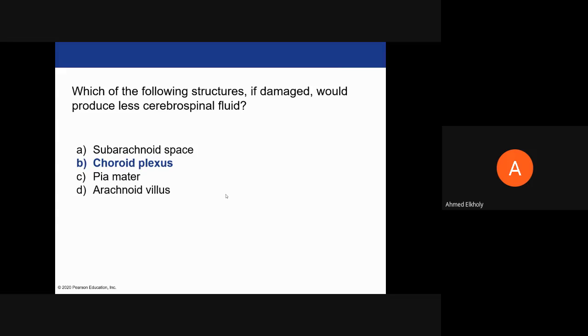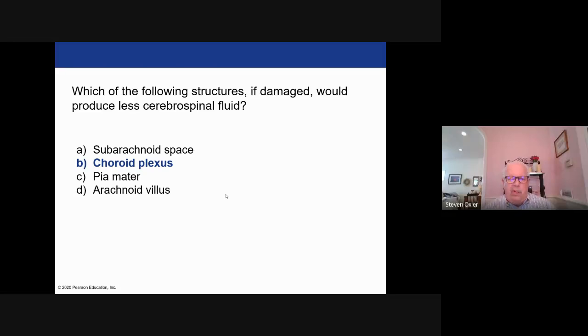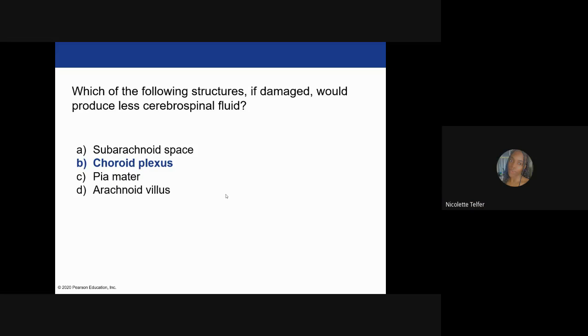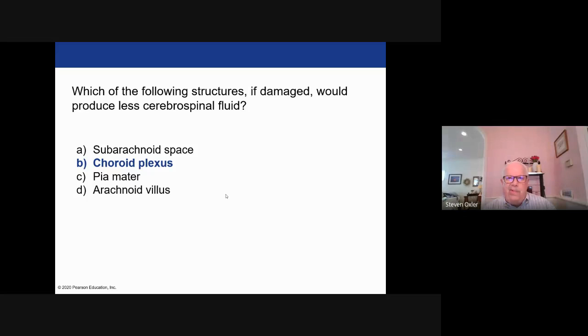C? No, no. A. A, it's in the subarachnoid space. Before we leave this question, where, out of the other two answers, where is cerebral spinal fluid reabsorbed back into the blood?